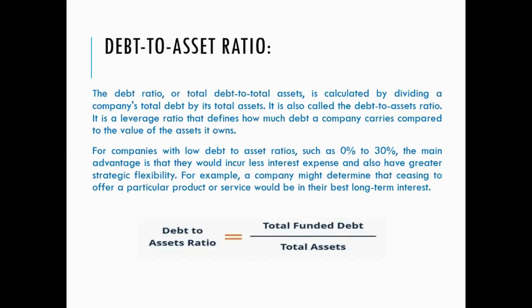For example, a company might determine what product or services would be in their best long-term interest. The formula of debt to asset ratio is total funded debt divided by total assets.